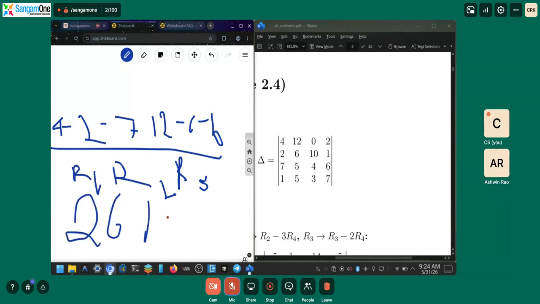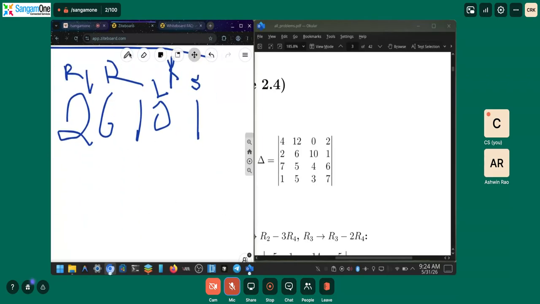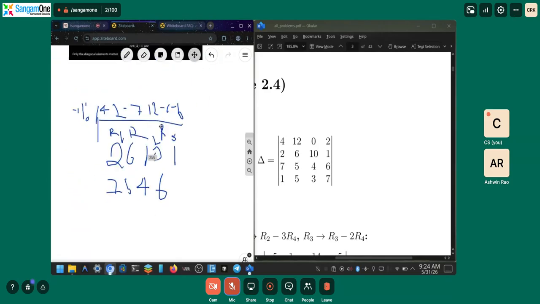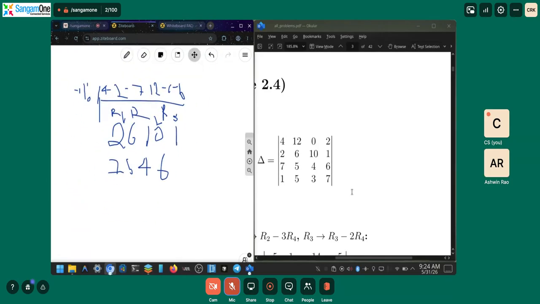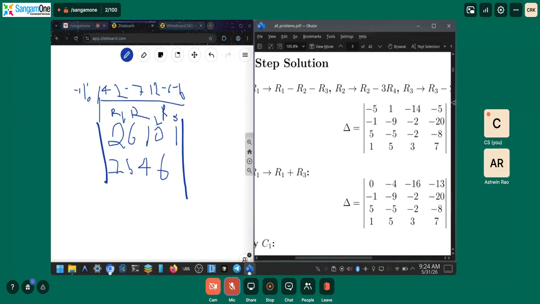2, 6, 10, 1. Then 7, 5, 4, 6. It will remain as it is, because we are only applying the operation on this row only, first row only.